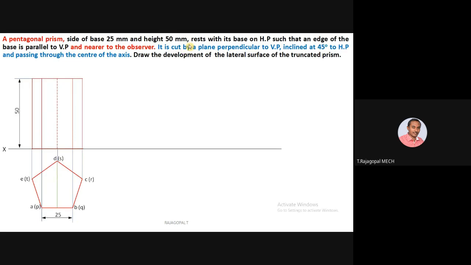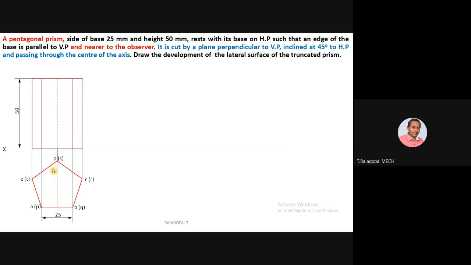After completing the section plane, you have to convert the remaining portion of the solid into thick lines. The removed portion we can leave as it is in thin lines. That's why we started the answer with a thick line. You may ask, sir, you said we have to start with thin lines, then why did you draw this pentagon as a thick line? I'm very sure about my answer.